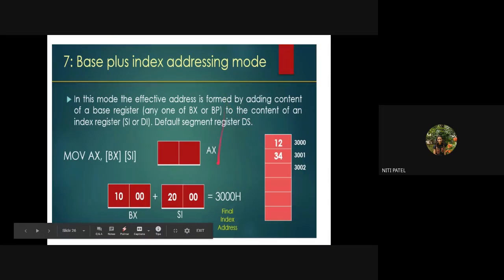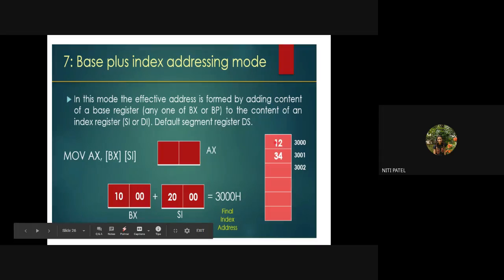So now if you see this diagram, what is happening? At 3000, I have a value 12. At address 3001, I have value 34. What I am doing is I am going to make the value at 3000H. What value will be stored inside my 3000H? The contents of the addition of 10 plus 20. Initially it is 12.